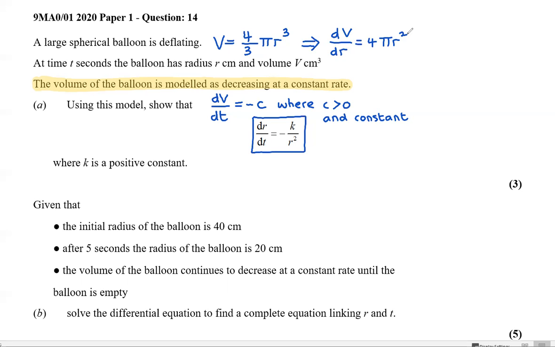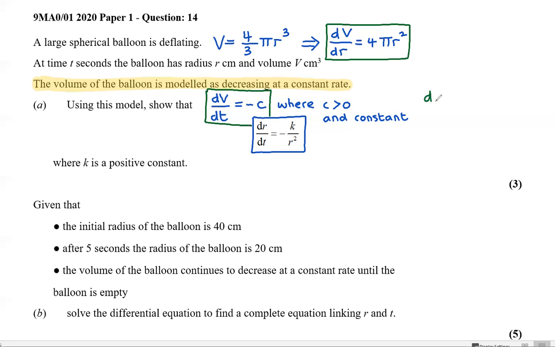Now then, let's just build our summary of information. So we've got dV by dr right there, from the formula of the volume. We also were told that dV by dt is equal to some negative constant. What we want to find is dr by dt. So how do we construct that?